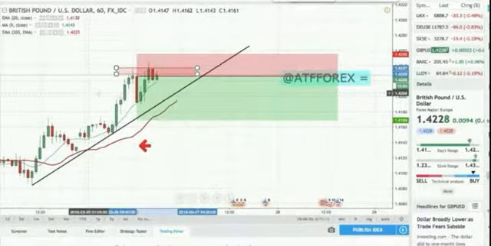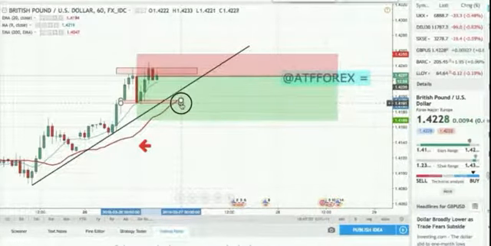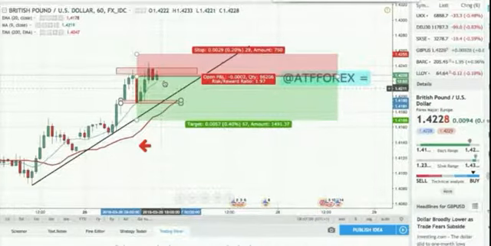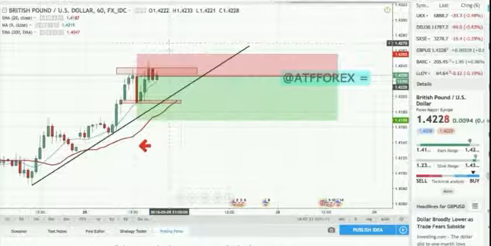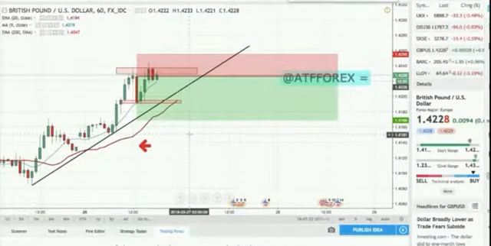In terms of current support, again, we've got this moving average right here. We've got this trend line to look out for. So it would make sense if the price falls back down. Hopefully we can have enough resistance, because the moving average is going to be above the price, which will let us break this trend line. If we break this trend line, then we're going to break through to the next level of support.